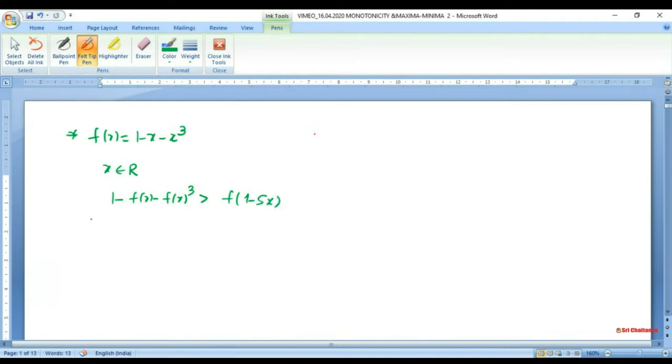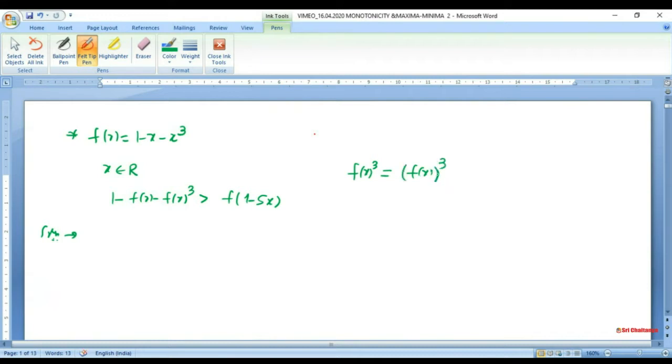So let's understand the problem first. Given f is this function and x belongs to R, you want to find those x's such that this is greater than f of 1 minus 5x, where the symbol is to be understood as f of x cube.